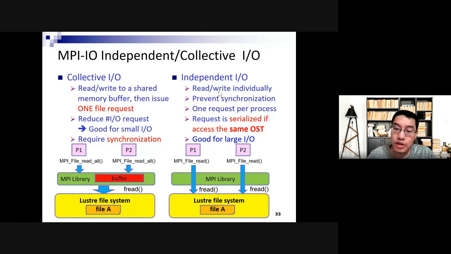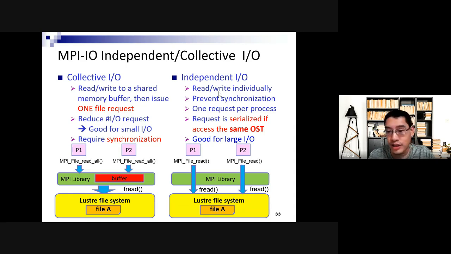To resolve that, we have collective I/O. Collective I/O means that we collect the I/O operations from all the MPI tasks, and then perform them on the file system at once. This is very similar to file open or file close.